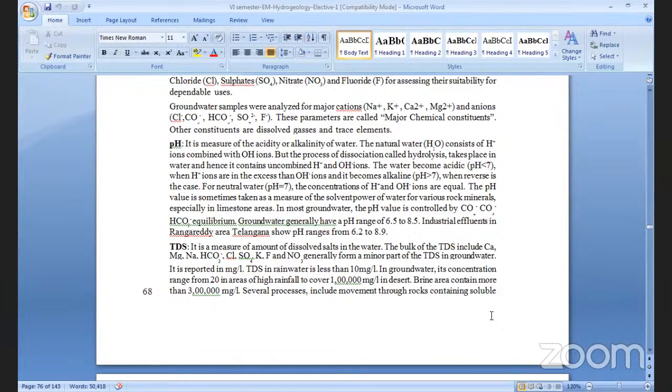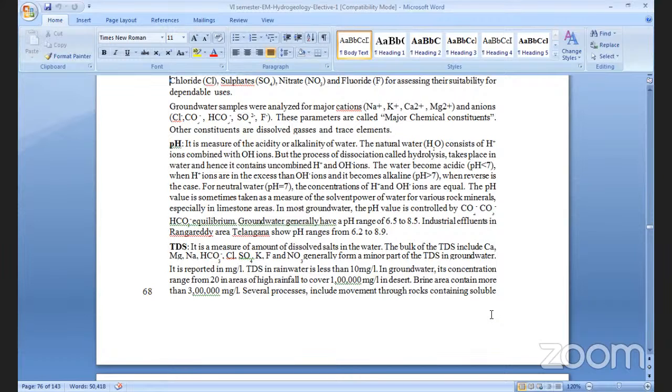Normally, if you look at the RO plants in our homes, this limit according to BIS standards, Bureau of Indian Standards, should be below 500 milligrams per liter. If it increases, it is harmful to our health.